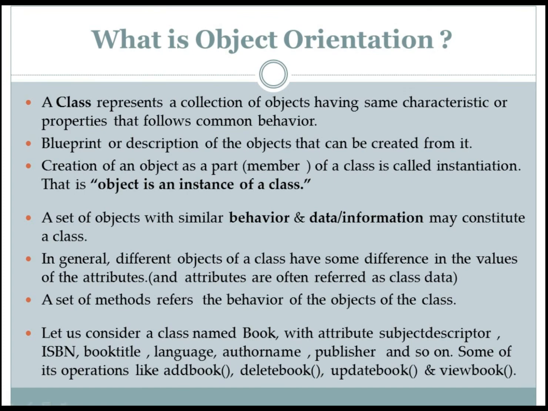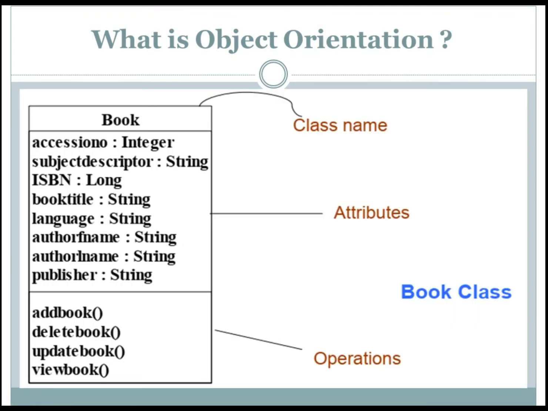Combining these two, data and operations, this is how the class will look. Here you can see three blocks in the representation of a class in object orientation: the class name, the attributes, and the operations that examine or affect the data of those attributes.